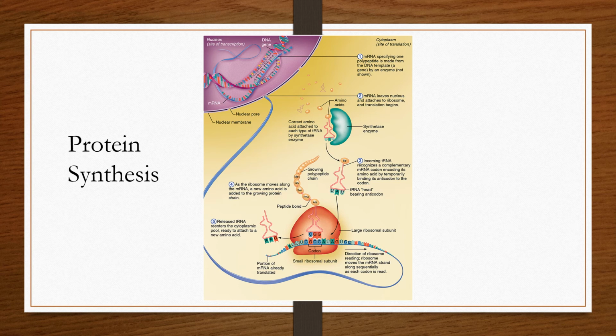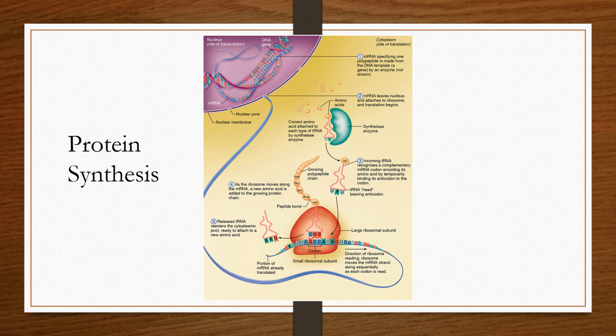So the mRNA attaches to the ribosome, tRNA transfers or delivers amino acids to the ribosome where they are linked together by peptide bonds formed by dehydration synthesis. So the water is taken away in the exact sequence specified by the gene and its mRNA.